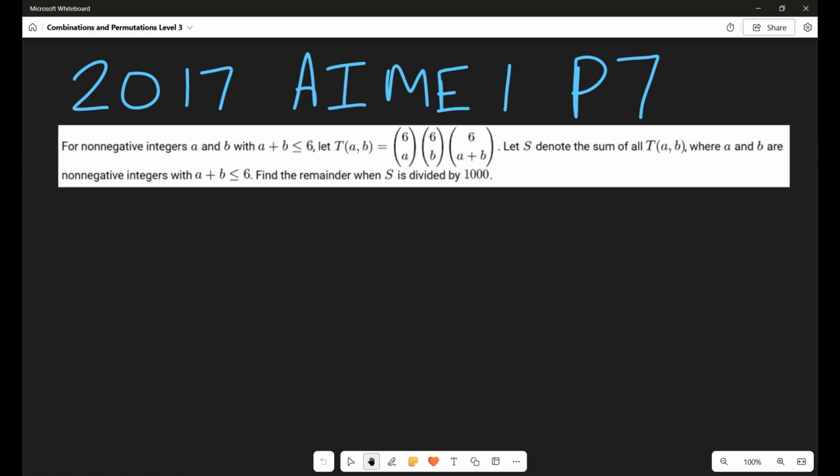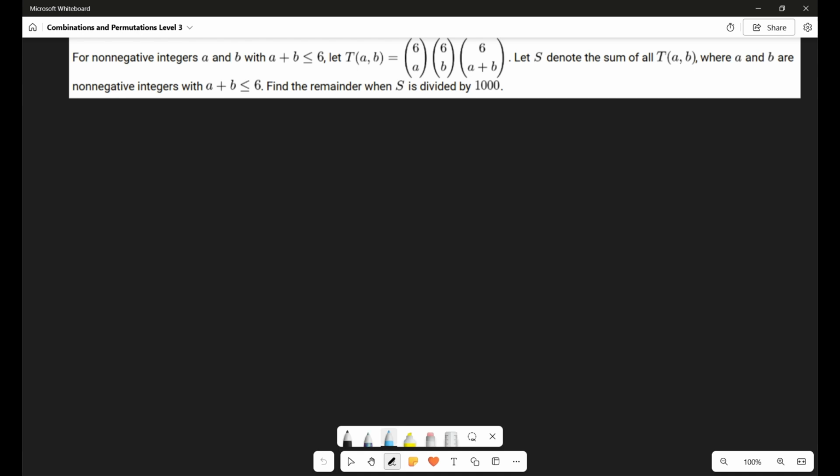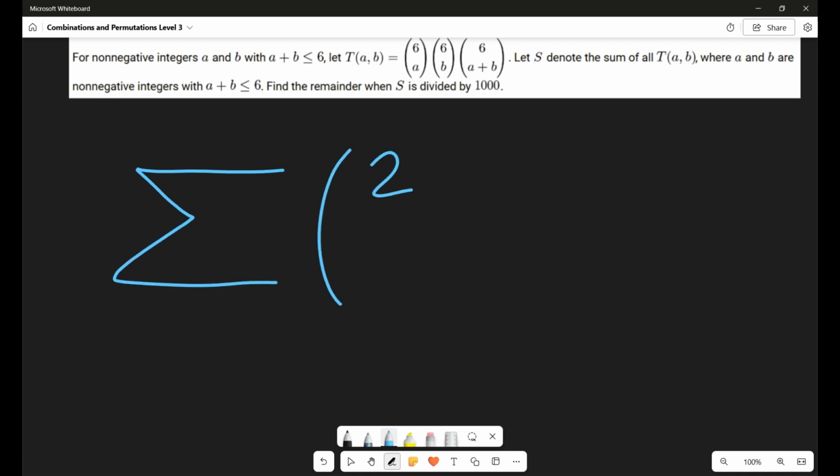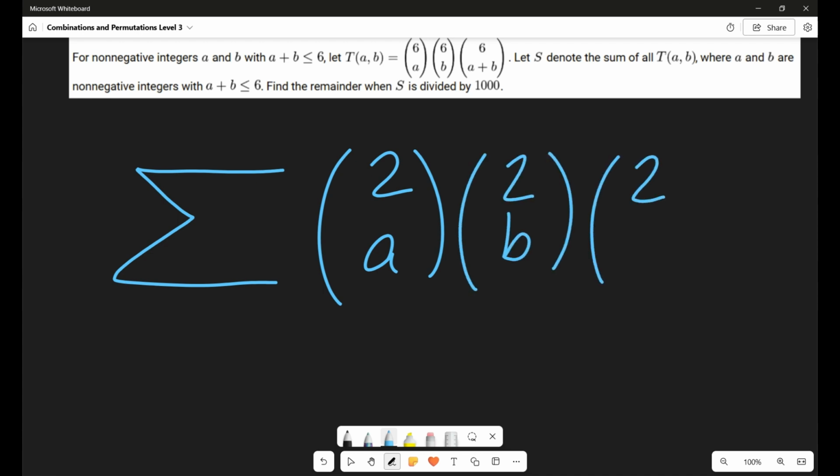Now, in order to tackle this problem, let me introduce you or remind you of an interesting property. Let's consider this as a mini question. Let's say we're taking the sum of 2 choose A times 2 choose B times 2 choose C. And 2 is just an arbitrary number in this case.